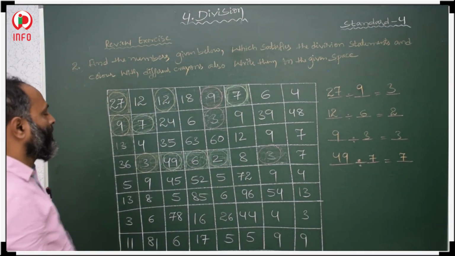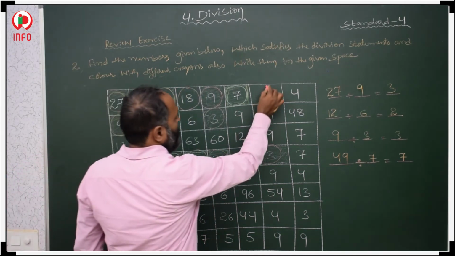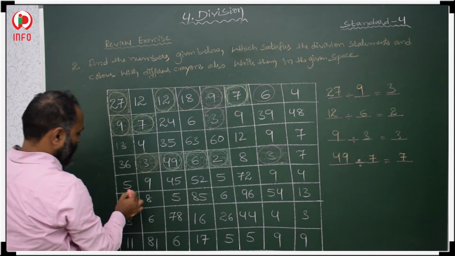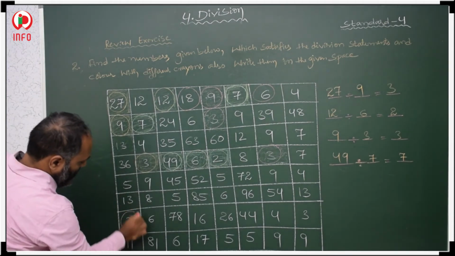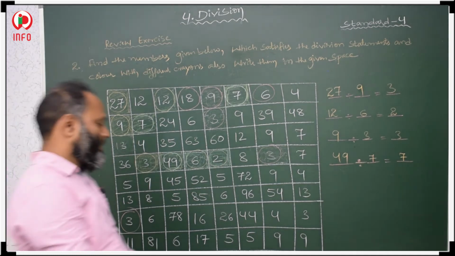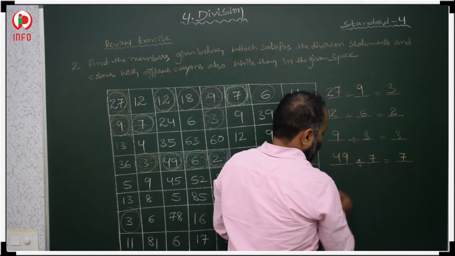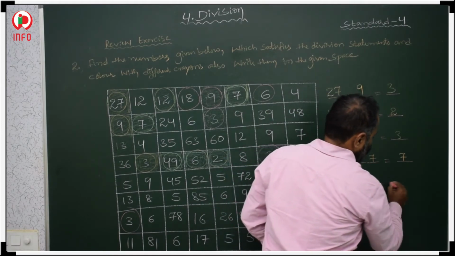Now next, 18 divided by 6 is equal to 3. Now, dash divided by dash is equal to dash.